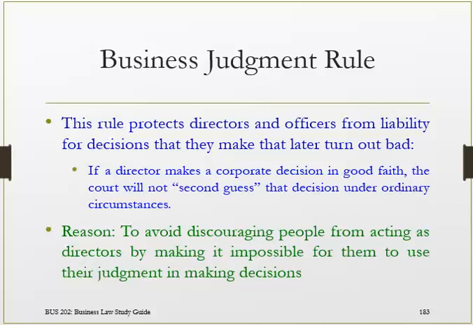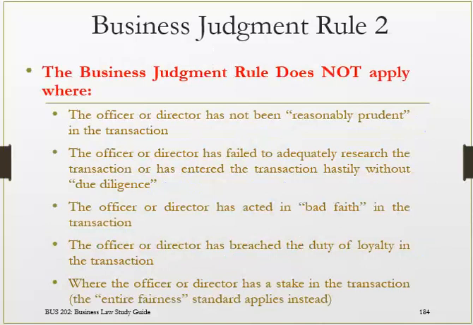So the business judgment rule kind of encourages corporate directors and officers to not be reckless, but to be bold in their actions. And therefore, just because a decision turns out to be a bad decision does not inherently mean the duty is breached.